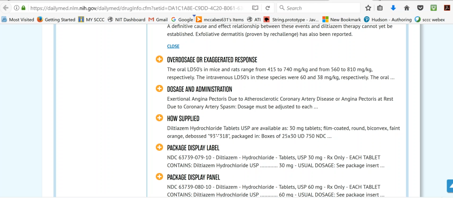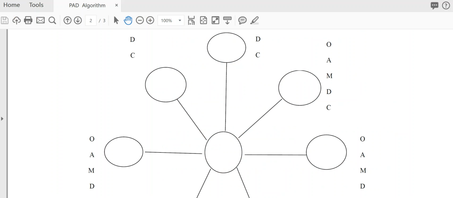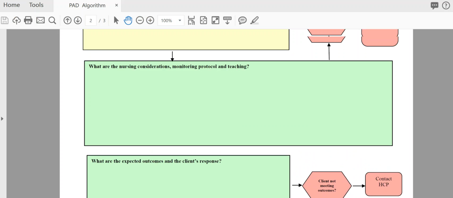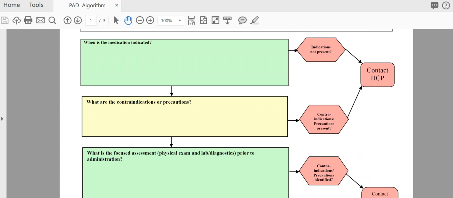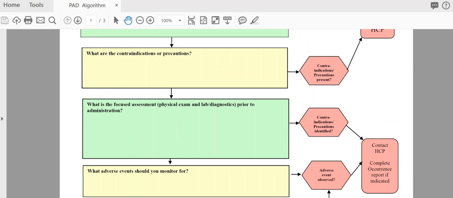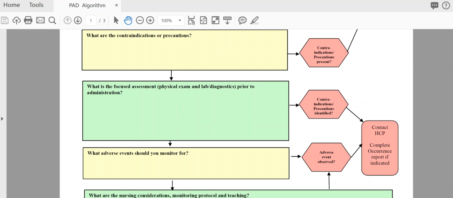Okay, going back to our medication template, what I want you to consider is what you've learned is some of the key things that you should be looking at in your client situation to discuss with the healthcare provider if you notice that this medication might be continued and prescribed during any one of these events that are a contraindication or precaution, or if there's focused assessment indicating that there is a new precaution emerging that requires intervention or a new adverse effect.